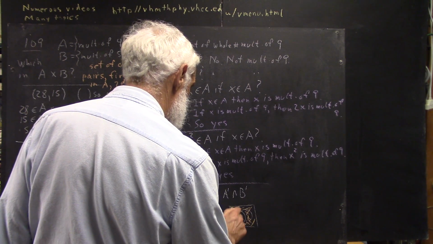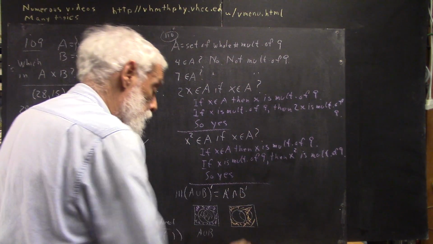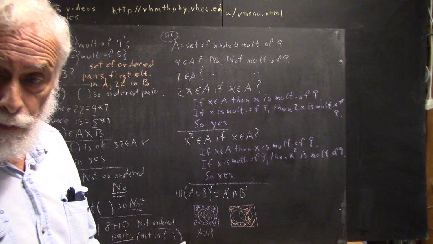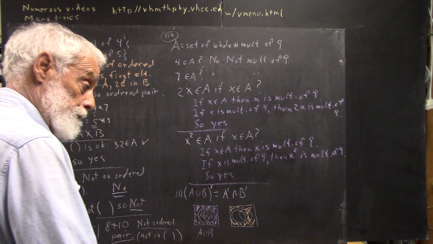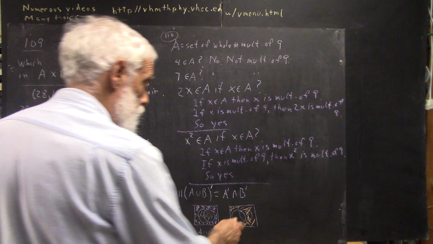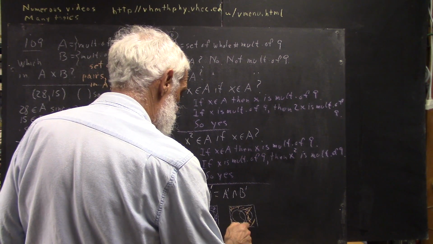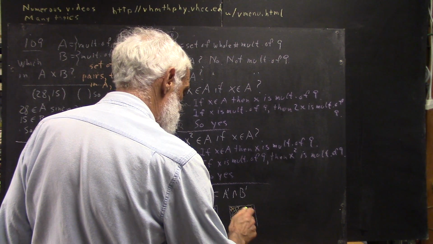A prime consists of everything outside of A, and that includes a good portion of B. Okay? Now, let's see, green should contrast nicely. B prime is everything outside of B. So here's our B set, and I've got to shade everything except what's in B.